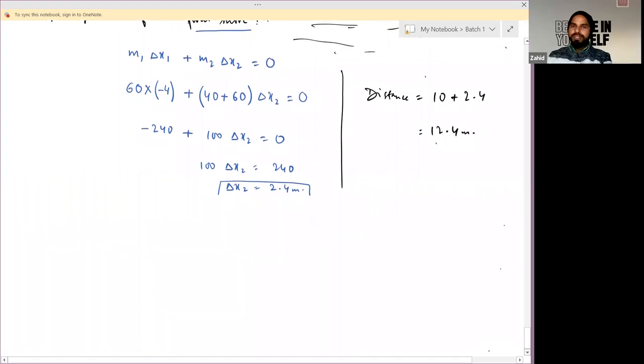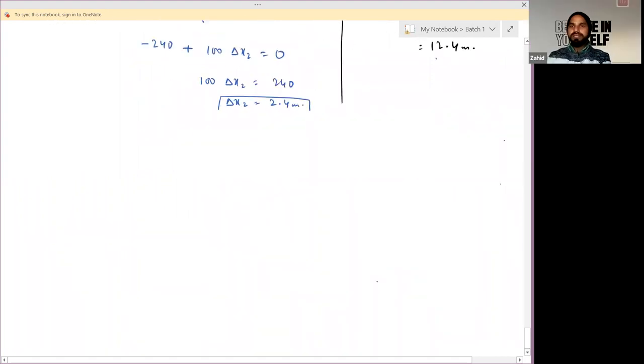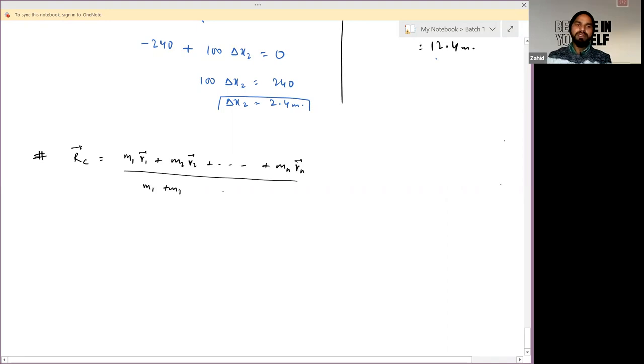So this is all about position of center of mass or calculation of position of center of mass. Next, we have to define velocity acceleration using this position. So as we had R, position of center of mass, M1 R1 plus M2 R2 plus so on to Mn Rn divided by total mass, that is M1 plus M2 and so on to Mn.